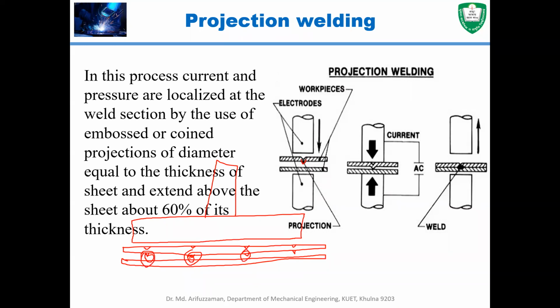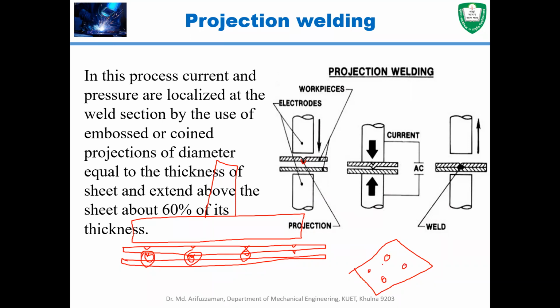This method is suitable when you need multiple joints at the same time. For example, you have a plate like this, and you want to have four joints here, here, and here.